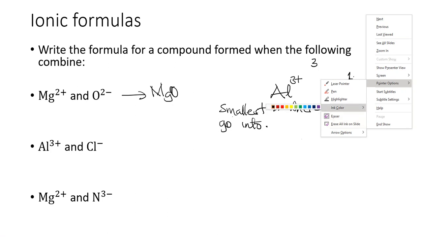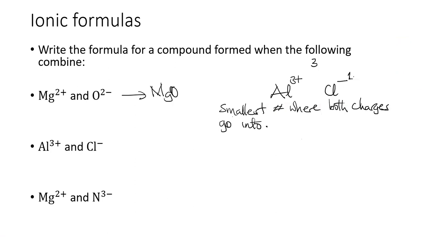All right, so now, first I said I need to find the smallest number in which both these numbers can go into. So if we take 3 as the smallest number, this 3 on aluminum goes into 3 how many times? The answer is 3 goes into 3 one time. So I'll just say I have 1 aluminum there. Now we take the 1 on chlorine here.